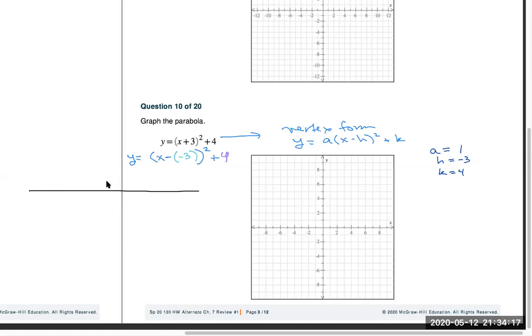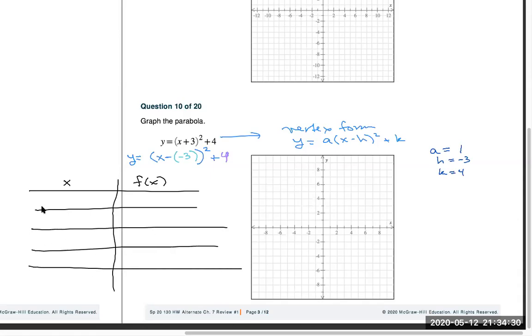Tripping over all kind of words today. All right, so we're gonna have our x values and our f of x. Give yourself enough room for 5 of these values. Remember that the vertex is going to be nice and in the middle here.